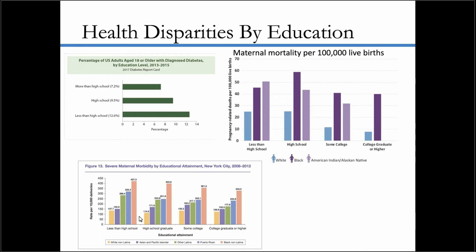So this is a disparity that doesn't go away just by getting education. We see disparities by education, and disparities by race ethnicity as well. We can't ignore the fact that many of us have multiple identities that we share, and that these competing identities can impact our health.